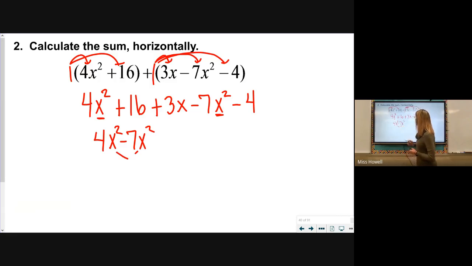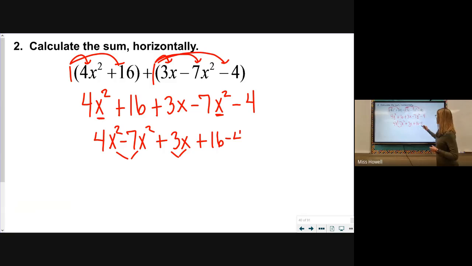That would be the first thing in our simplified expression. Then our x to the first, so plus our 3x here. And then our constant terms. So this is just going to stay as 3x, it's by itself. And then plus 16 minus 4. That's going to combine. And we're going to end up with 3 terms here and a degree of 2. So we're going to end up with what's called a quadratic trinomial.